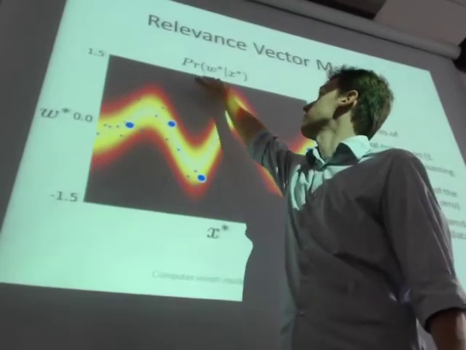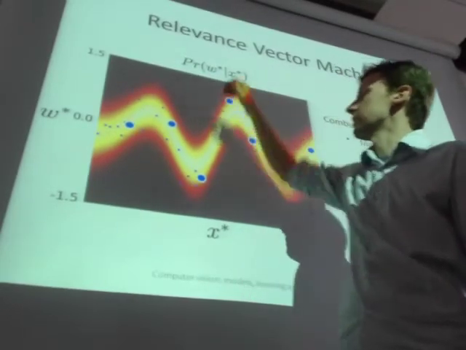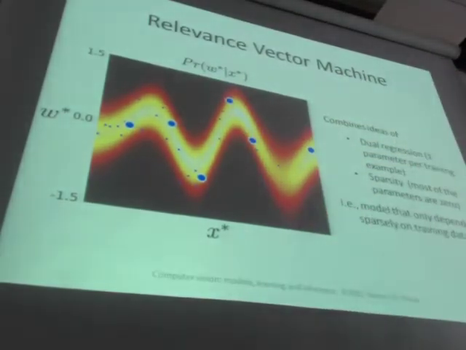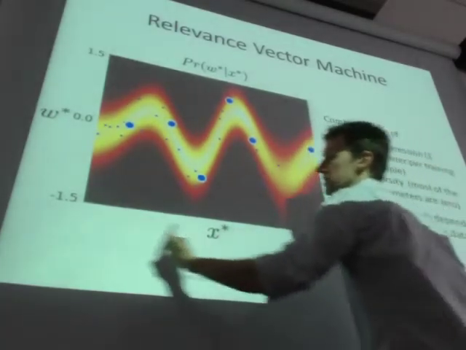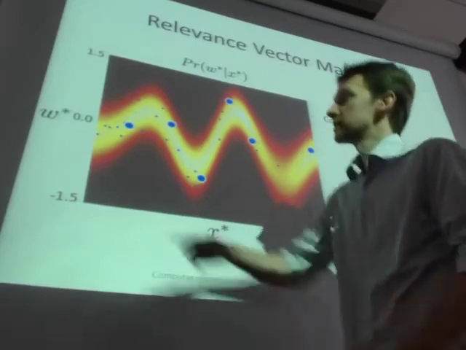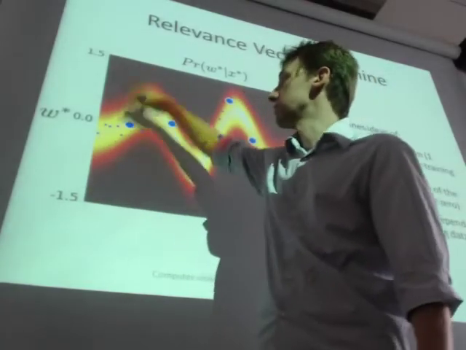This is our posterior illustrated, the probability of w star given x star. Remember, we've got a discriminative model. And we're saying, all right, for all my possible inputs on the x-axis, these are my possible outputs on the w-axis.